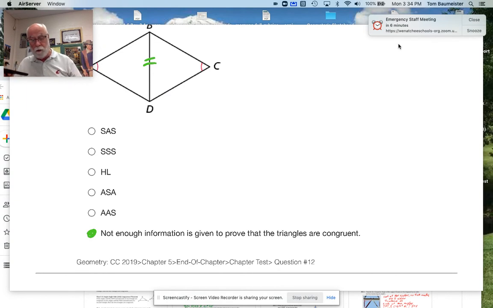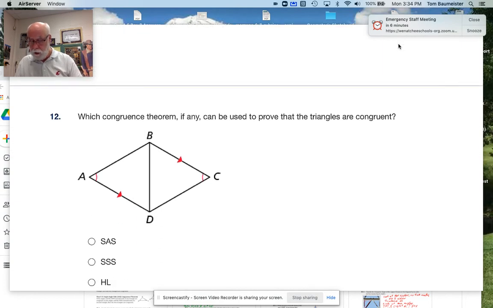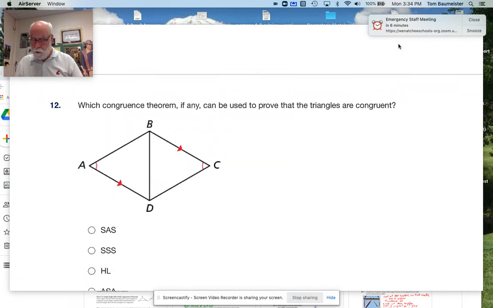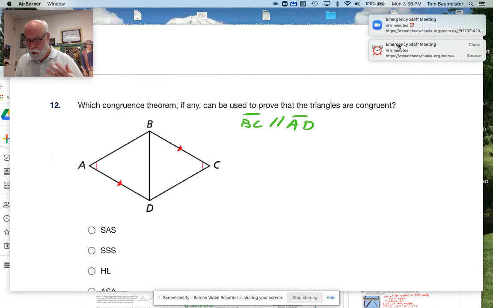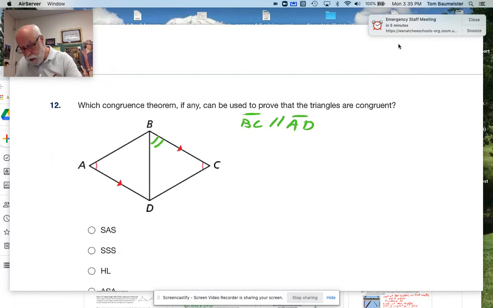On this one here, which congruence theorem, if any, can be used to prove that the triangles are congruent? Since we know that BC is parallel to AD, that would be the line segments. Remember what I've said before: once they're parallel, we're looking for C, Z, or F angles. So if we do that, we know that that angle and that angle are congruent.